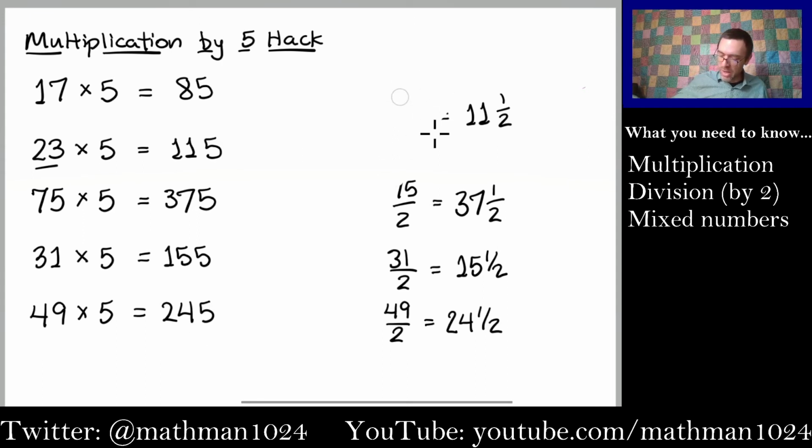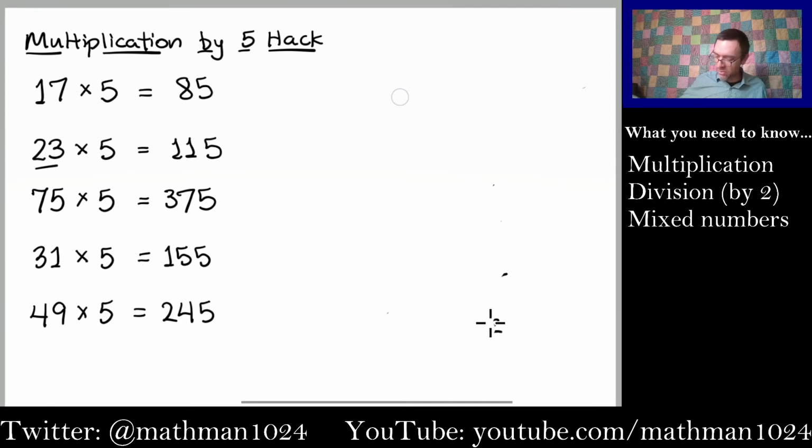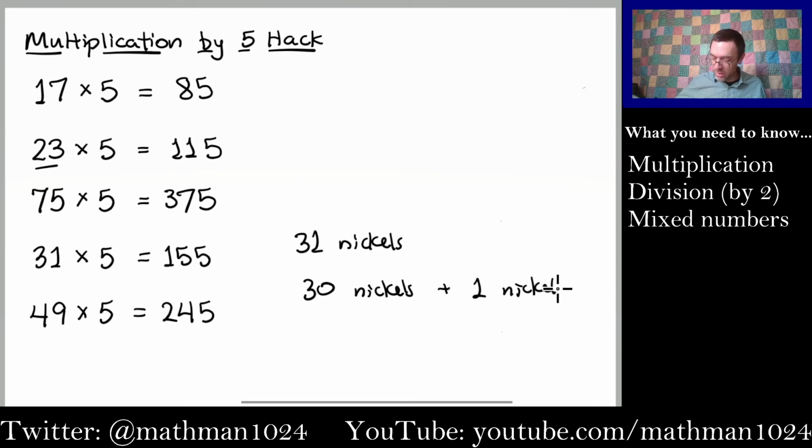Here's something else that might help you. We showed you how it works. You see we have all these mixed numbers and the 1/2s and all that stuff. But pretend that we're talking about money. If I say I have 31 nickels, which is essentially you saying 31 times 5 to get the total value of your 31 nickels, here's how I think about this. I want to split this up into having 30 nickels plus one more nickel.